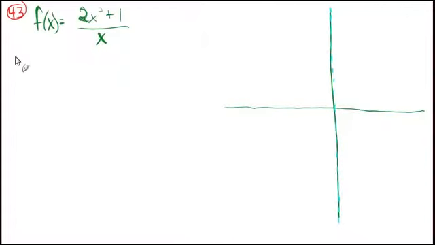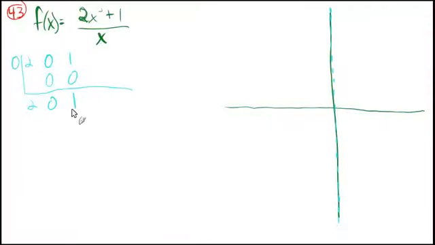So we're going to put a 0 out here as we do our work. And we put a 2 and a 0 for x and a 1. So bring down the 2, and that's a 0, a 0. Multiply that by 0, and that's a 1.